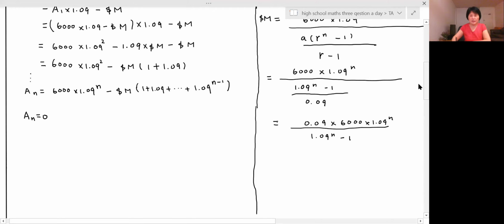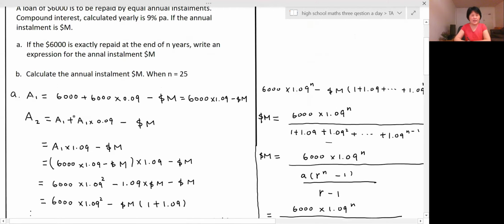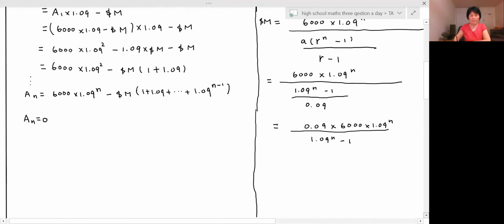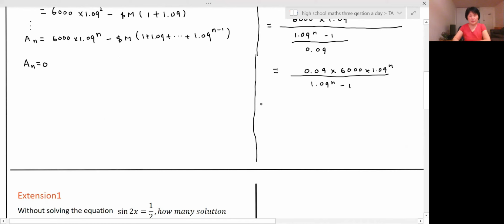So the next one is they say calculate the annual installment M where n equal to 25. Okay, B, where n equal to 25.